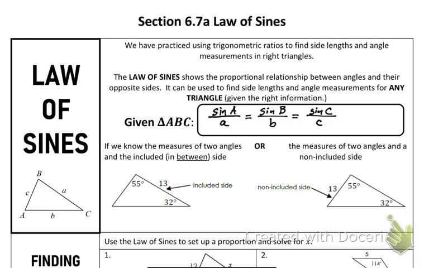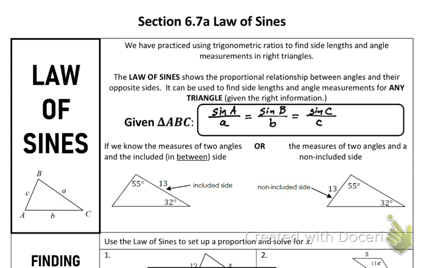So in order to use this, you must know all the information of at least one of these. So if I knew like angle A and side A, angle B and side B, but you need to know that entire thing. In order to have that, you must know an angle and the side across from it. Which leads us to what information allows me to use the law of sines.